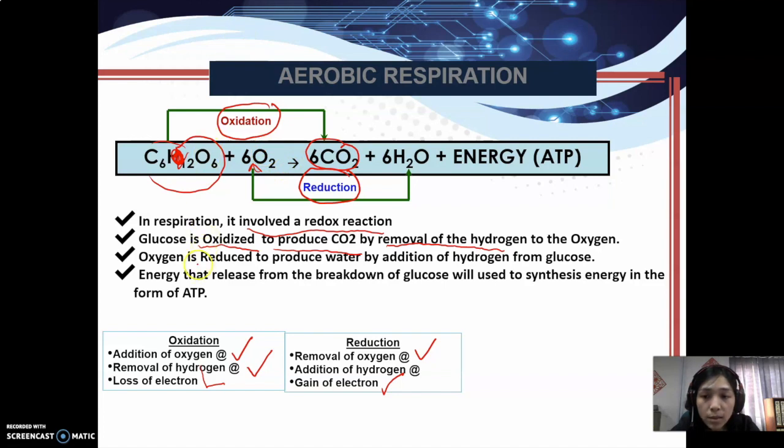So the oxygen will be reduced to produce water by addition of hydrogen. The energy released from the breakdown of glucose will be used to synthesize ATP. So ATP is produced in the process of aerobic respiration.